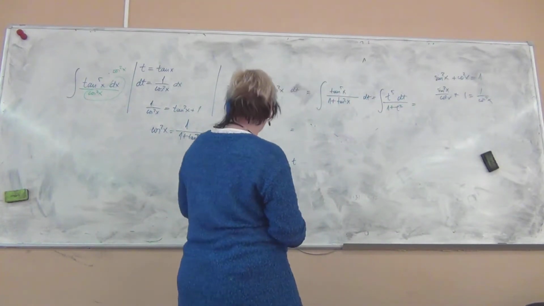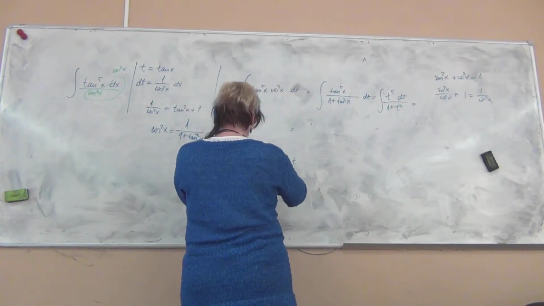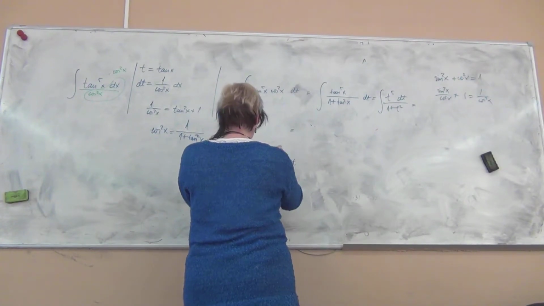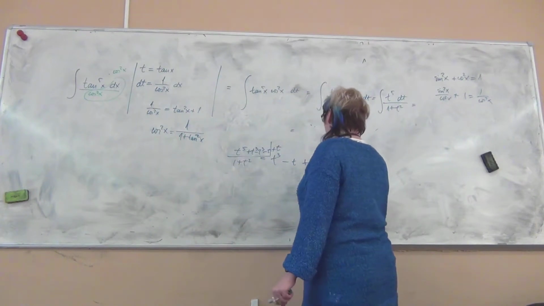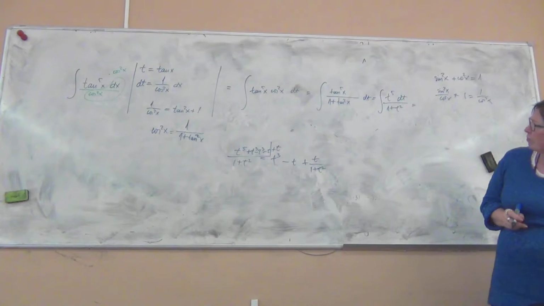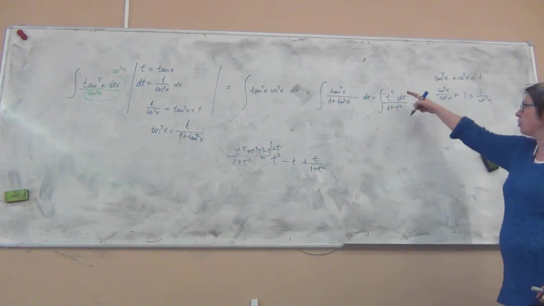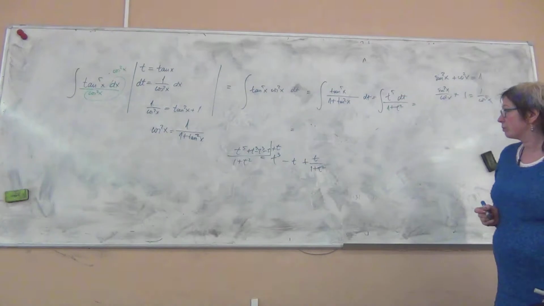Minus t, so I need minus t plus t. That would be plus t over 1 plus t squared. I'm just dividing t to the fifth by 1 plus t squared.